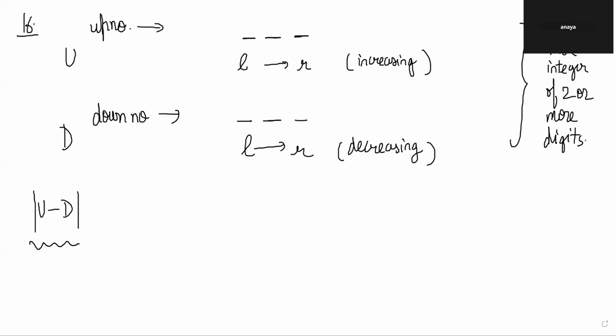By the way, they have said that digits are strictly increasing, not just increasing. If it was increasing, I would say x greater than or equal to y, but strictly increasing means x greater than y, right? Do you understand what I'm saying?